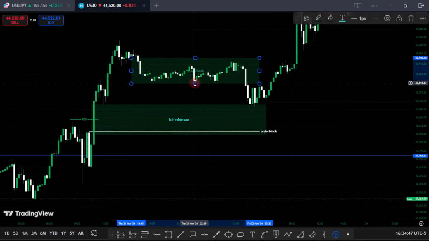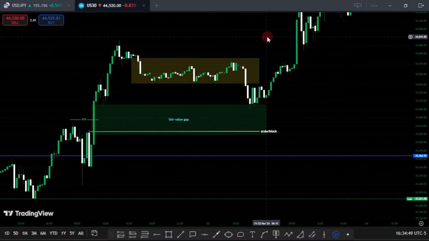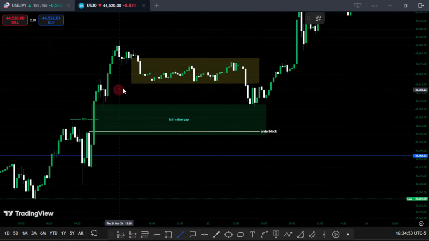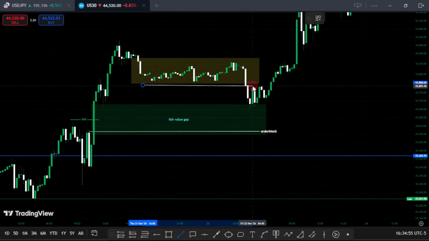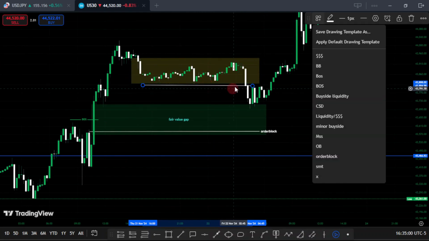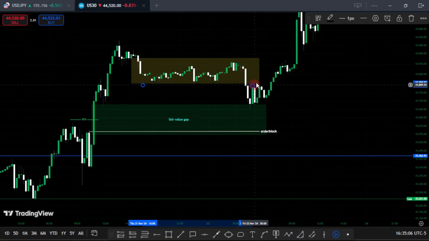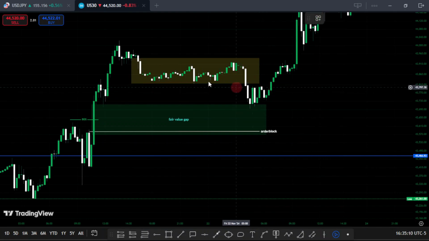If you remember what I said about liquidity sweep, price drops down and takes out the liquidity that was lying below this line over here, which is our sell side liquidity. Let me mark this X.